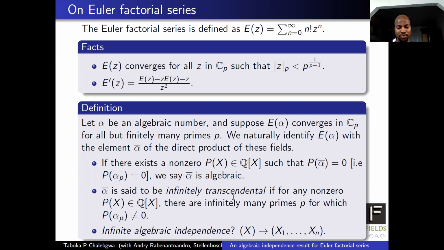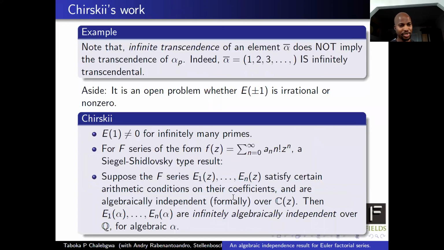Armed with these definitions of algebraicity and transcendence, one thing that one should highlight at this point is that infinite transcendence does not necessarily mean element-wise transcendence of those elements. So you can see how far we are with understanding whether any particular input is algebraic or transcendental. But in any case, for example, if alpha is 1, 2, 3, then it is an example of an infinitely transcendental element, because any polynomial has only finitely many zeros.